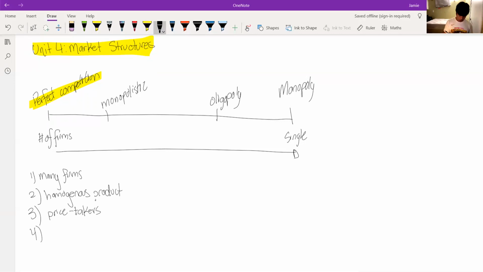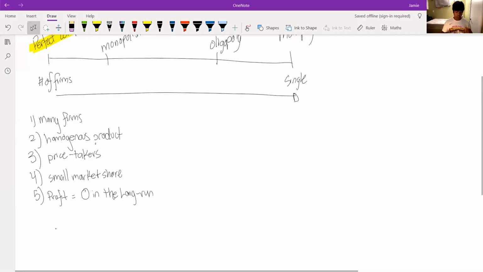Many firms, homogeneous product, price takers. Each firm is said to have a small market share. And profit is equal to 0 in the long run. Okay, so these are the basic assumptions.